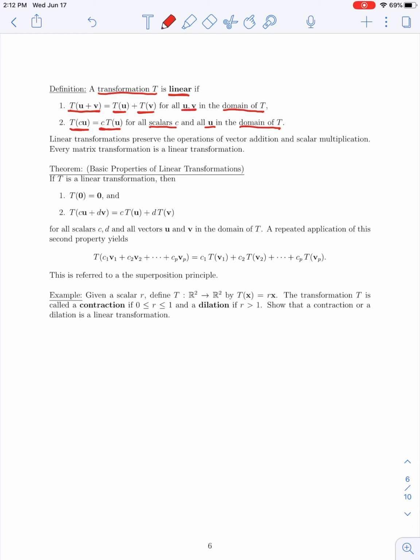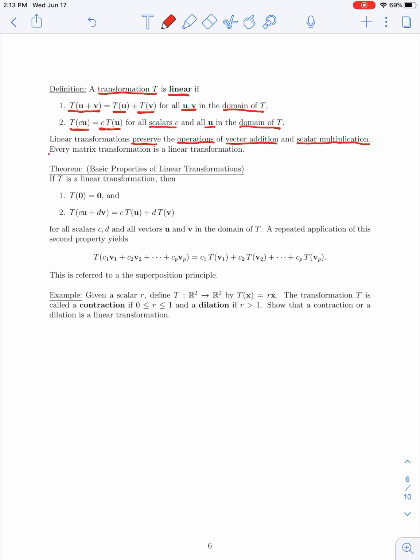So in summary, a linear transformation will preserve the operations of vector addition. That is, the transformation of a sum is the sum of the transformations of the vectors. And scalar multiplication. The transformation of a scalar multiple of a vector is that same scalar times the transformation of the vector itself.